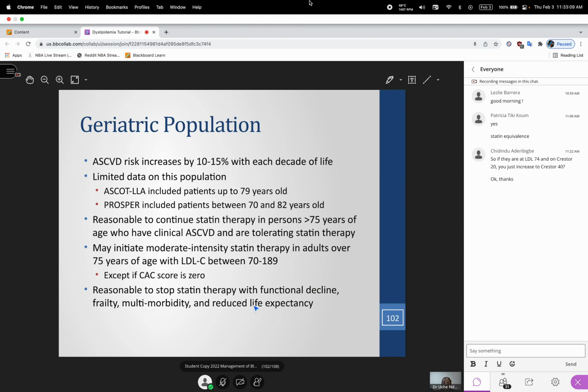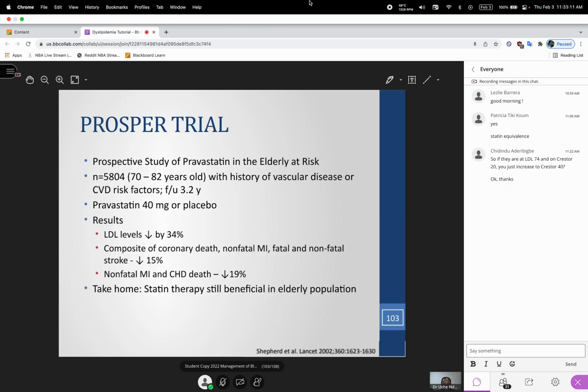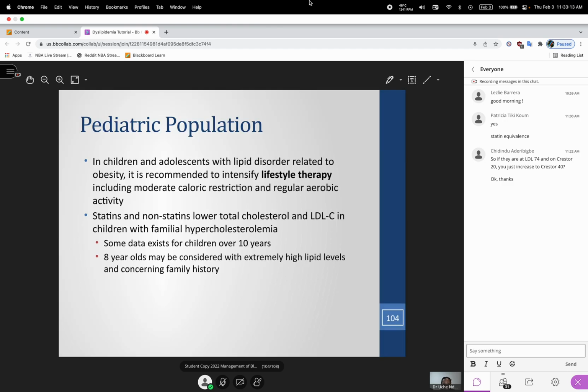But anyway, our geriatric patients still need statins. That's what those slides were saying. And then pediatric patients, statins, I think pravastatin specifically is FDA approved for children 8 years or older that have high lipid levels.